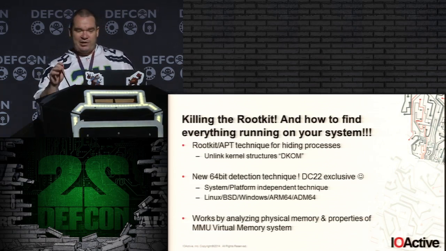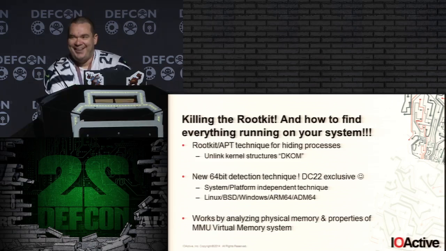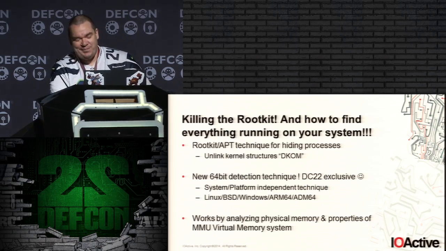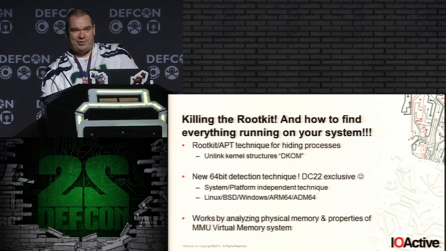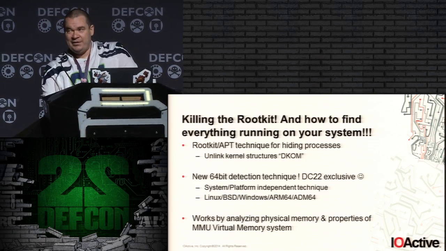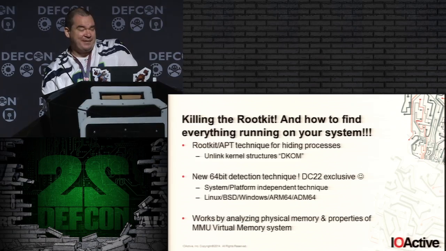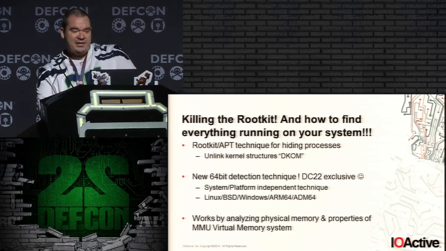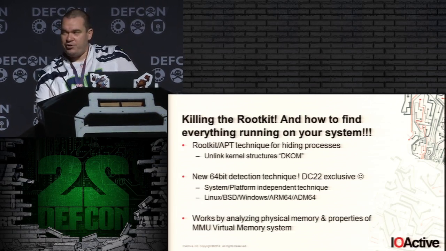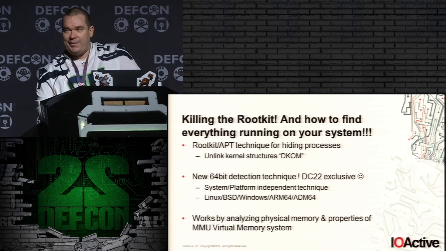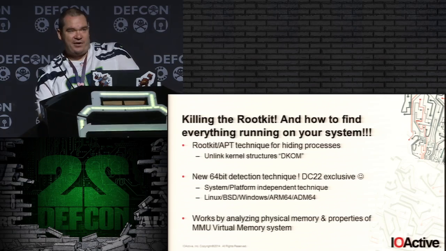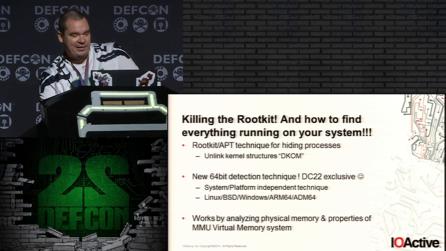Essentially, we're going to be killing the rootkit. Any rootkit, I believe, we're going to be able to handle in the future quite decisively. I believe that we have a defensive exploit that you can now use to actively find any attacker in your infrastructure in a very high assurance way.